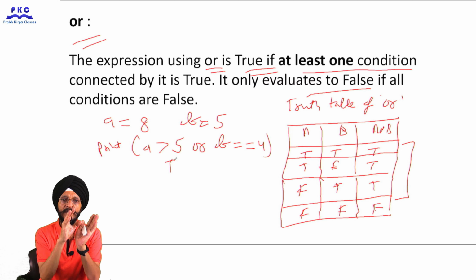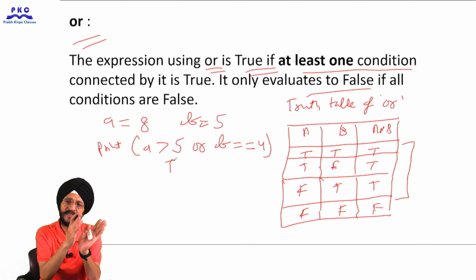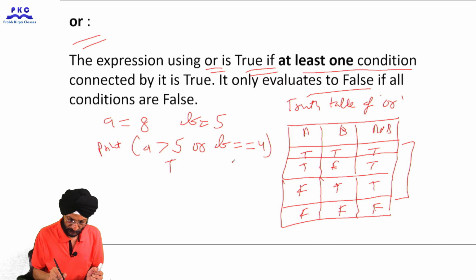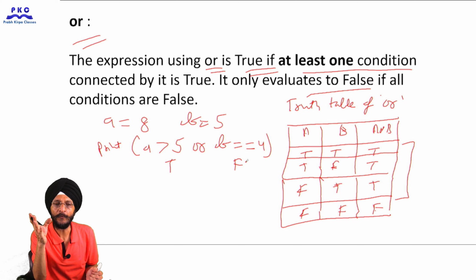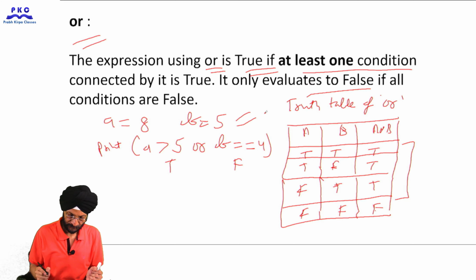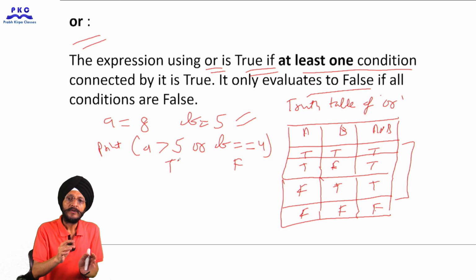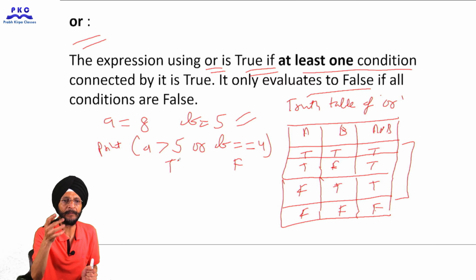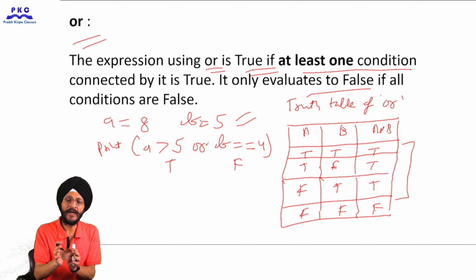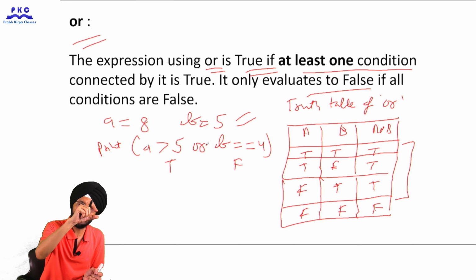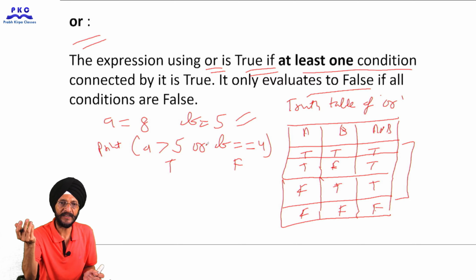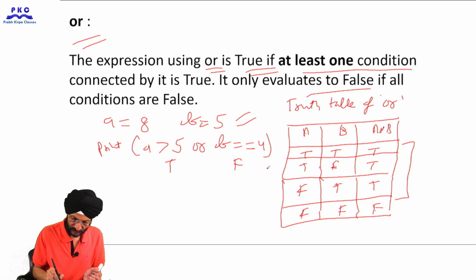So here, when the first condition is true, we need not go further. However, we will check it. B equals 4 is false because B is equal to 5. Though we have checked the second expression, we need not check it, because in case of the OR operator, if the first expression is true, we need not check the second expression. However, we have checked it, so the overall result will be true.